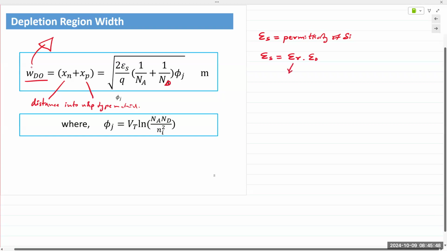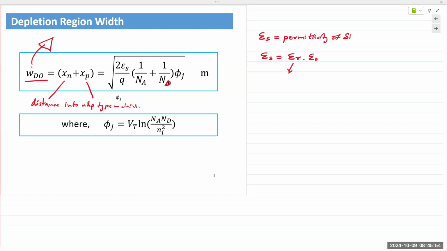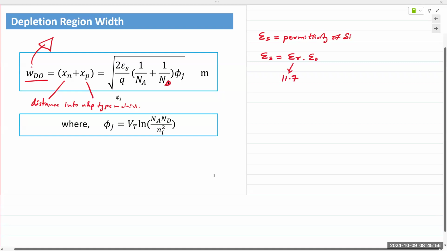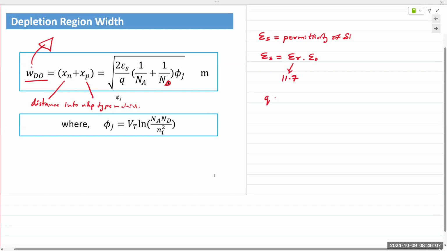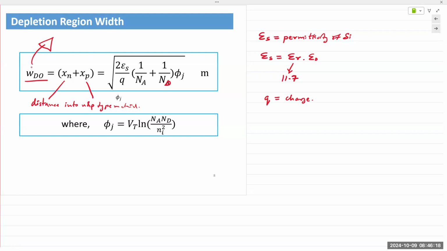Epsilon r has a value of 11.7. That's a material property of silicon. And of course, Q is charge, the standard unit charge. And phi j is the built-in junction potential, which again is a function of the number of atoms that are implanted, so Na, Nd and Ni square.